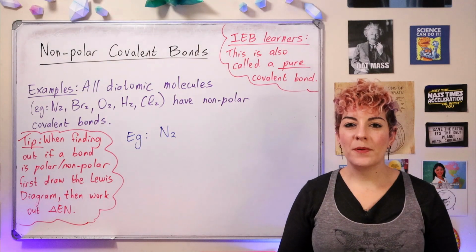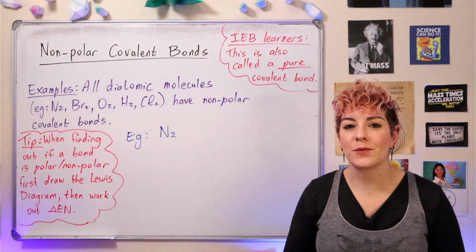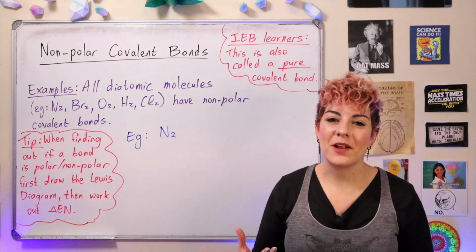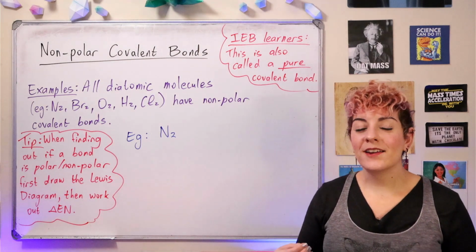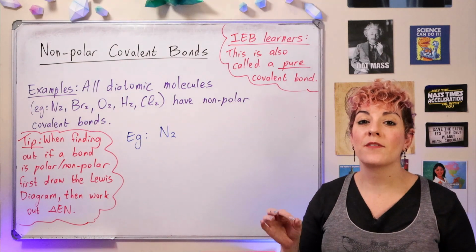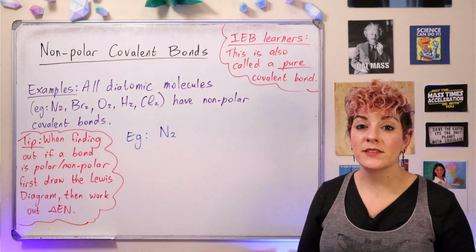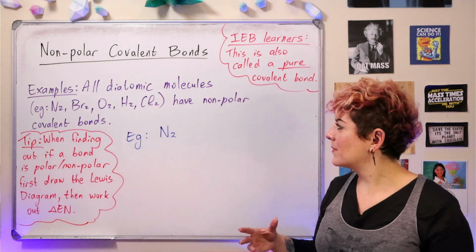Right, so examples of substances that have non-polar covalent or pure covalent bonds would be diatomic molecules. Remember that diatomic molecules consist of two atoms of the same element bonded together, and we actually have 7 diatomic elements. I've shown some of them here.